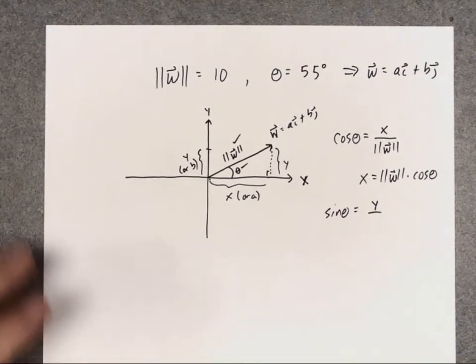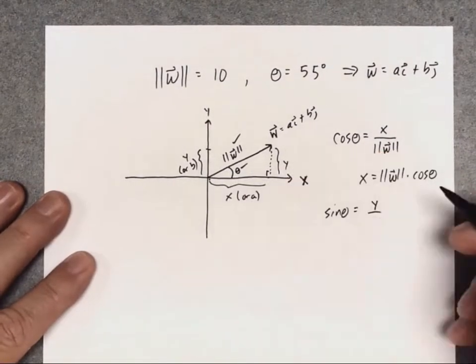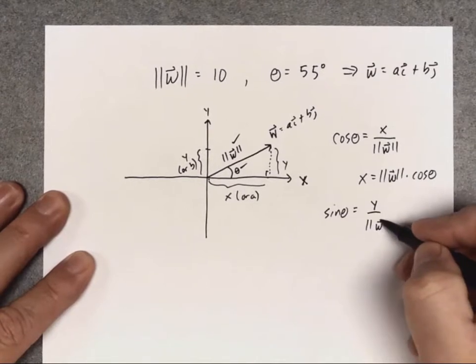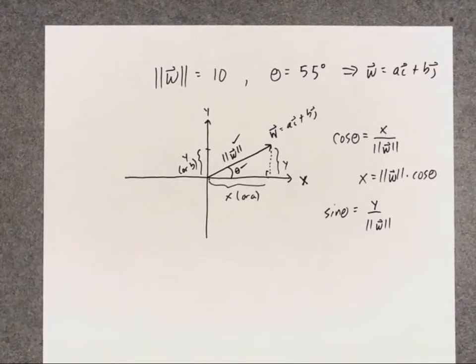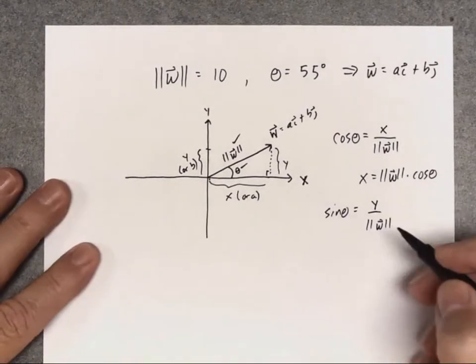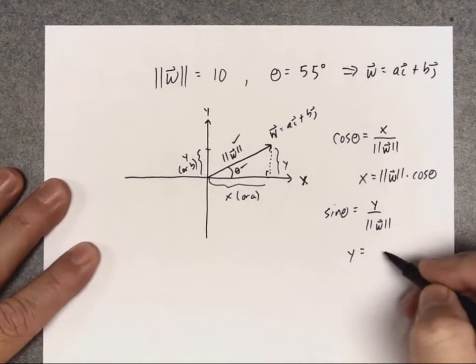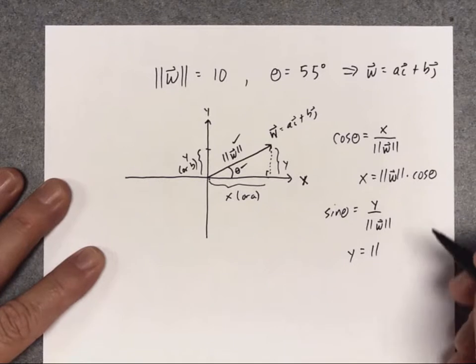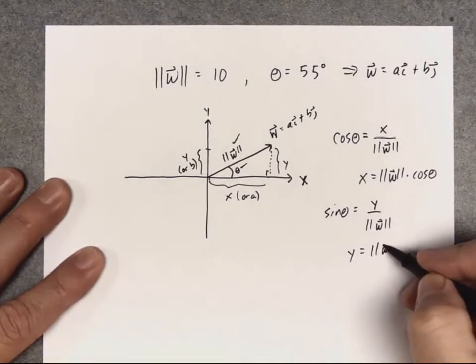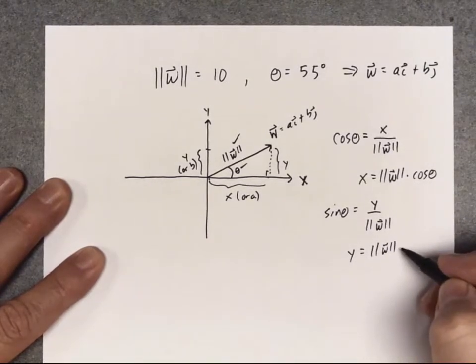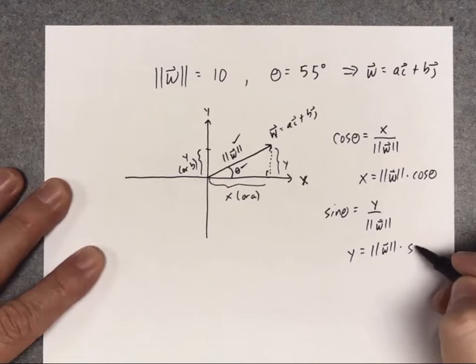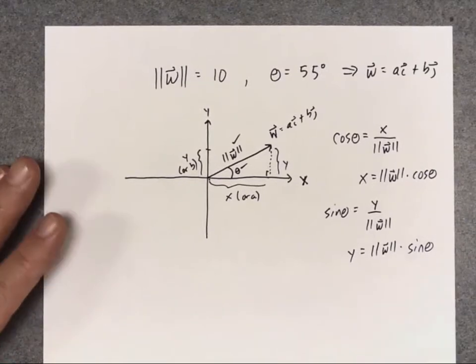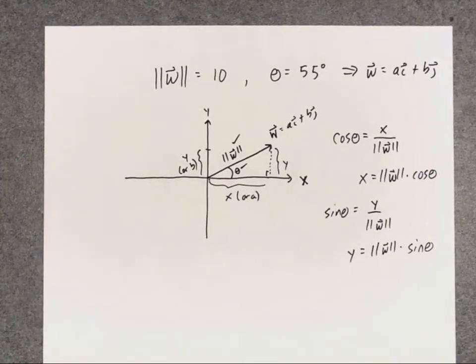That's y. Over the hypotenuse, which is once again the magnitude of w. And now if we solve this for y, we can say y, or the length of the j part of the vector, is the magnitude of the vector times the sine of theta.